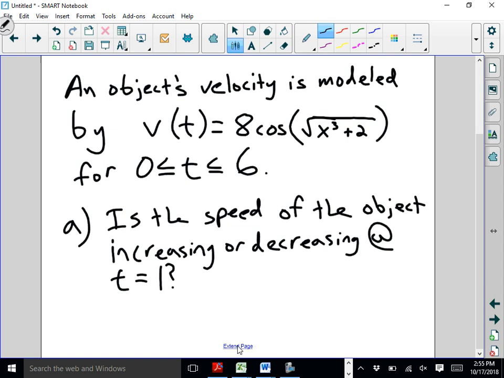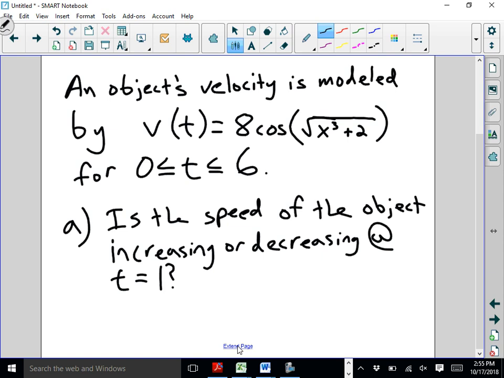So the first thing we want to do here is go to our graphing calculator and get that graph in there for our velocity, right? So let's go ahead and do that, and then we'll think about what this question is going to look like.